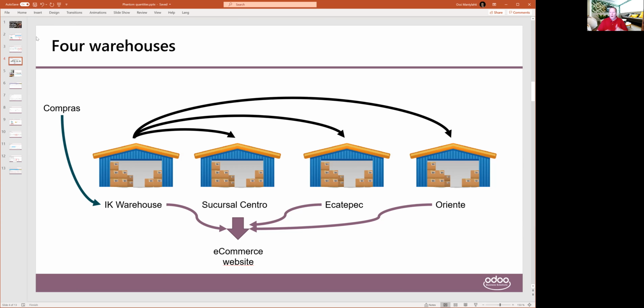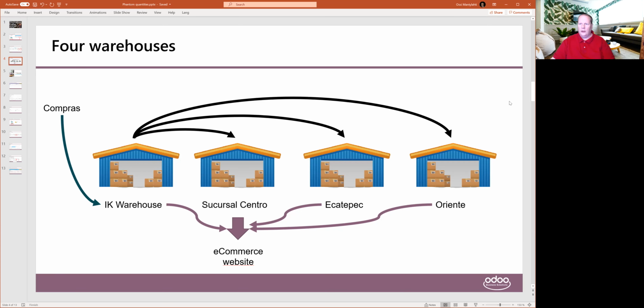It says IKEA warehouse, and then it is having these 3 business warehouses, which is like Centro, Ecatepec, and Oriente. And typically the operation is that the stuff was arriving to the warehouse, which is a separate location near the Centro location. But in Odoo's case, this is the main warehouse.